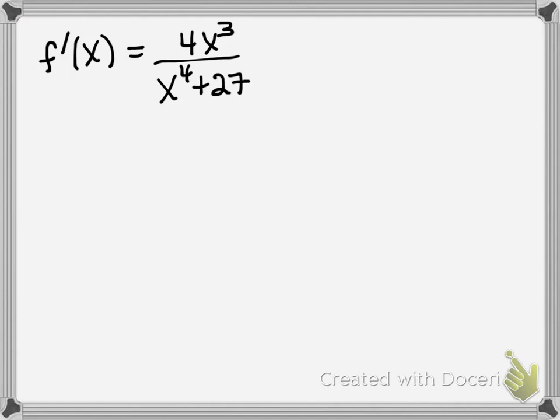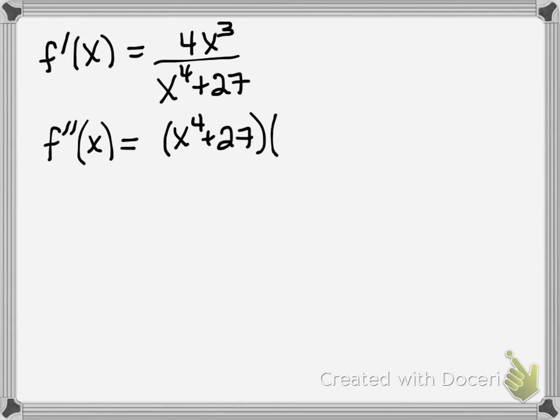So to find the second derivative, we're going to need to apply the quotient rule. So our little saying for the quotient rule, to help us remember it, is low d high minus high d low, all divided by low squared. So low is going to be the function in the denominator, x to the 4th plus 27, times the derivative of the numerator.